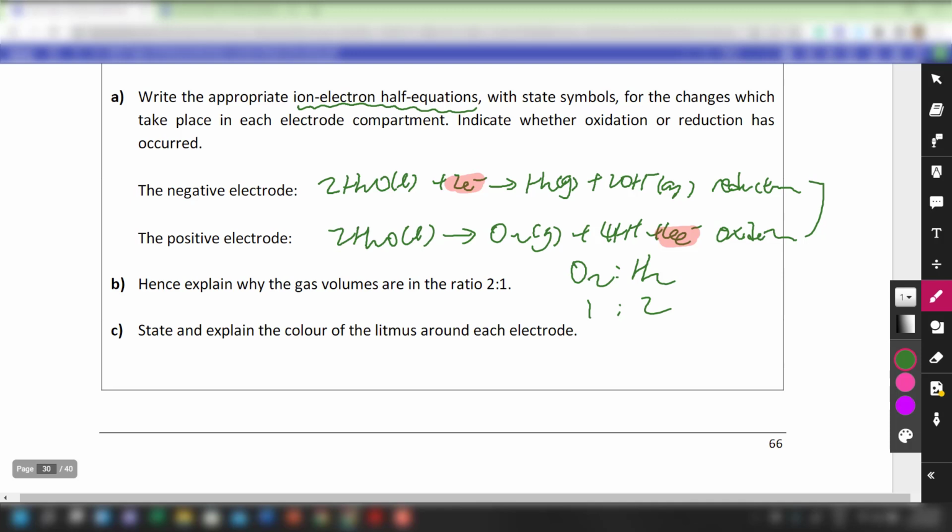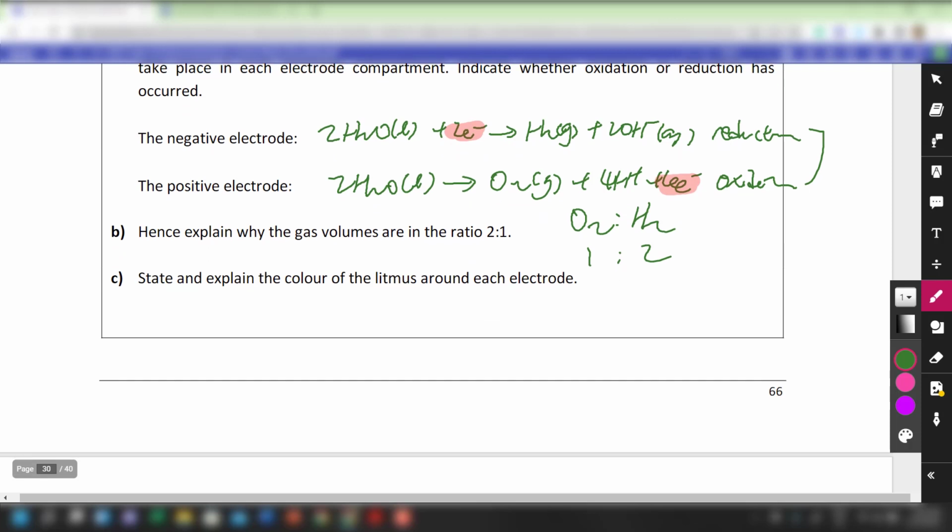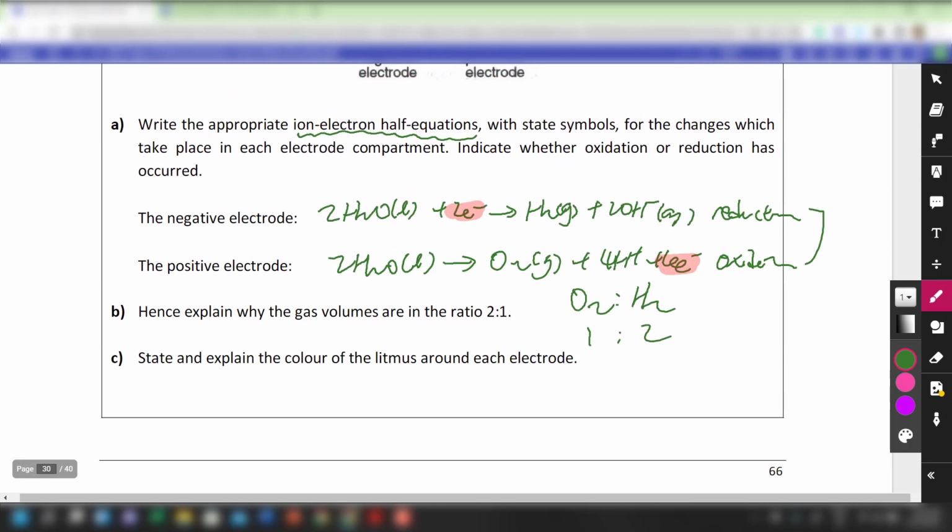Then I think I've answered part C, state and explain the color of the litmus around the electrodes. Earlier I mentioned that because the cathode becomes increasingly more alkaline, I expect the litmus to turn blue, and because the anode becomes increasingly more acidic, I expect the litmus to turn red.